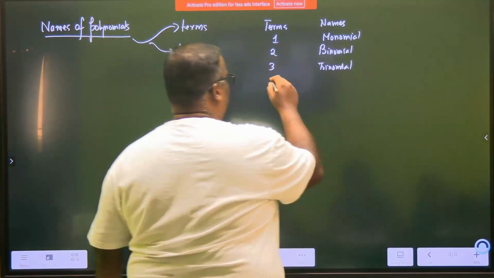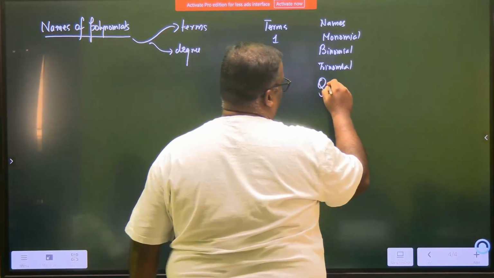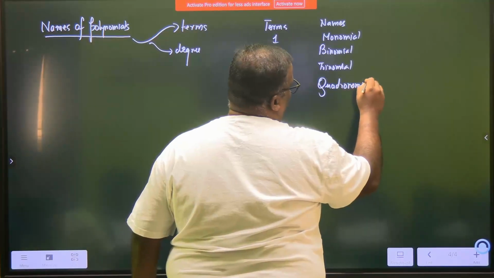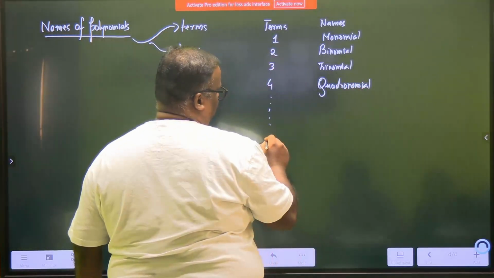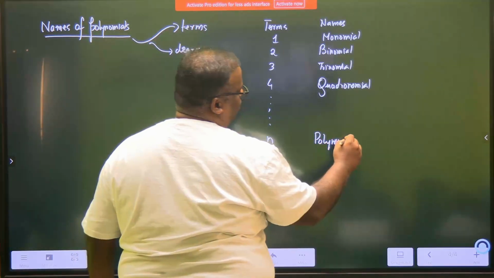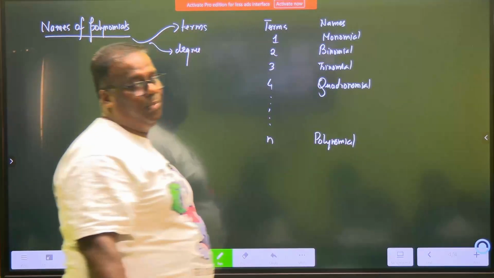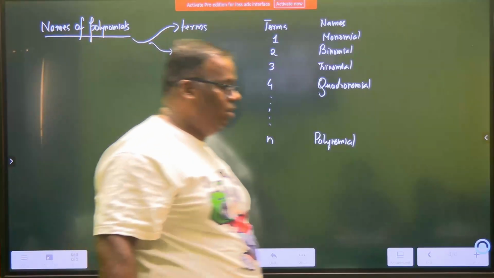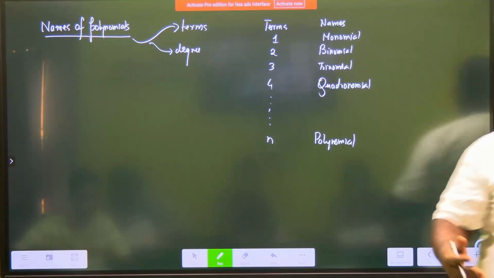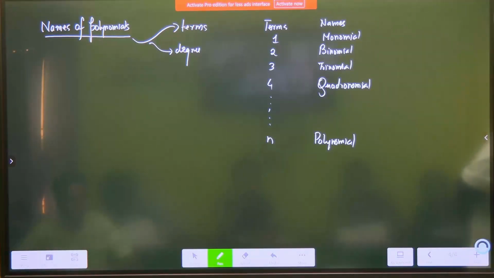If it is 4, you call it a quadrinomial. And thereafter, if your terms are n, you call it a polynomial. This is just for your general knowledge. Monomial, binomial, trinomial, quadrinomial, and so on.